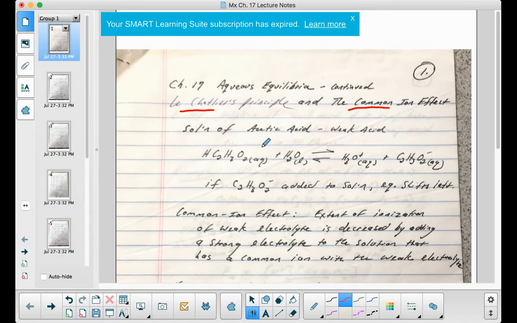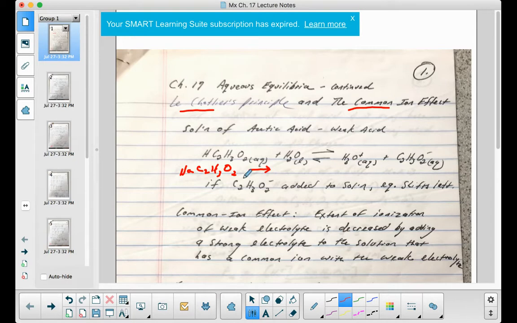So if we have an aqueous solution of acetic acid, which is a weak acid, we know that there is an equilibrium between the molecular form of the acid and the hydronium ion and the acetate ion. So if acetate ion is added to the solution, let's say in the form of sodium salt, NaC2H3O2, that's sodium acetate.